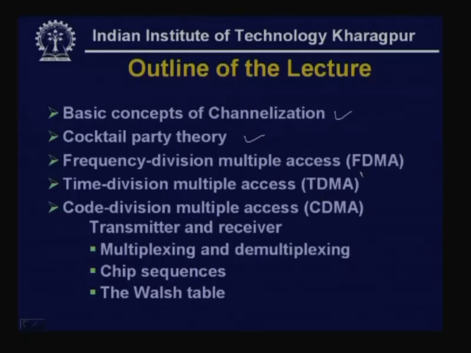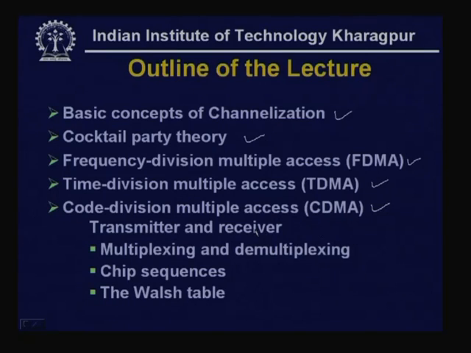Then we shall discuss the three important types of channelization based medium access control techniques, such as frequency division multiple access FDMA, then time division multiple access TDMA, then code division multiple access CDMA.